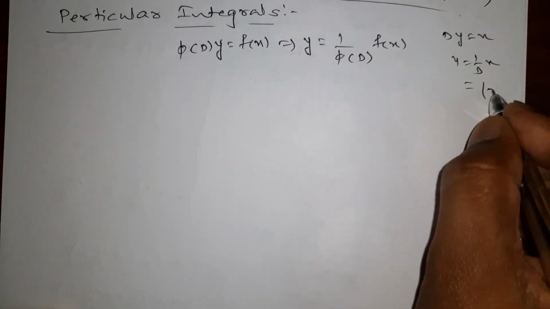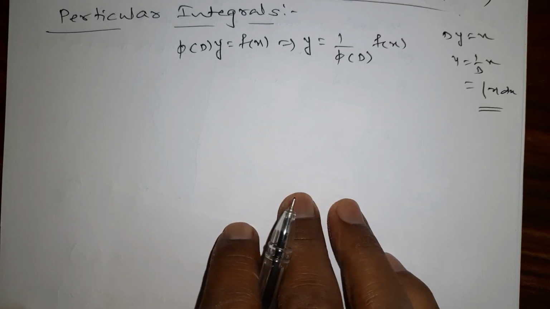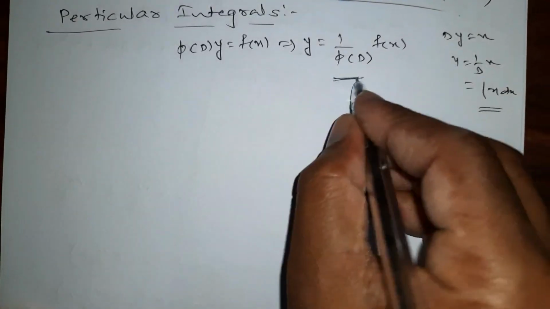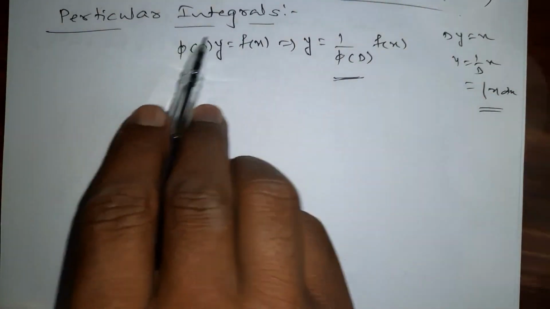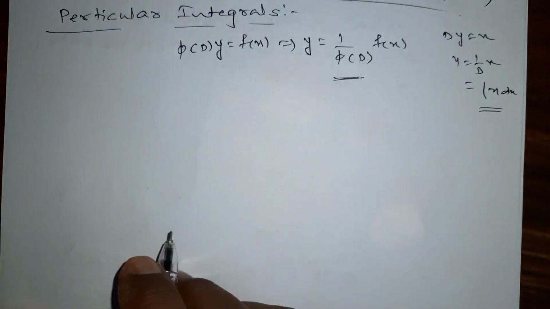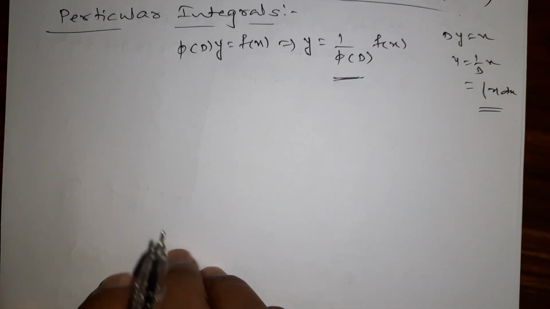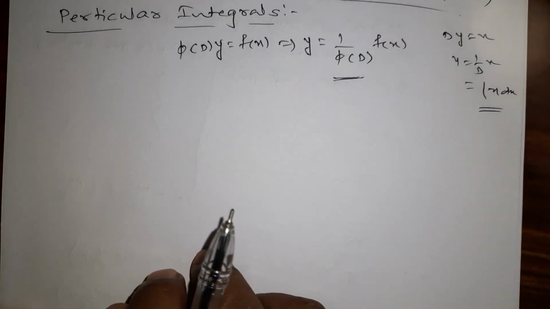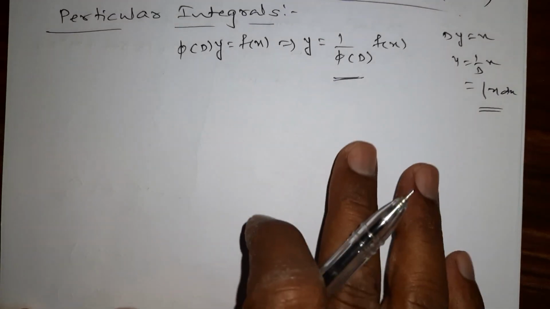So it is integration of x dx, like that. Understood? So here this operator 1 upon D is called the integral operator. That's why we call it particular integral. We get a particular value. We are not going to add any constant, though it is an integration. Already all constants we have added in the complementary function. So no need to add constants while taking the integrations here.